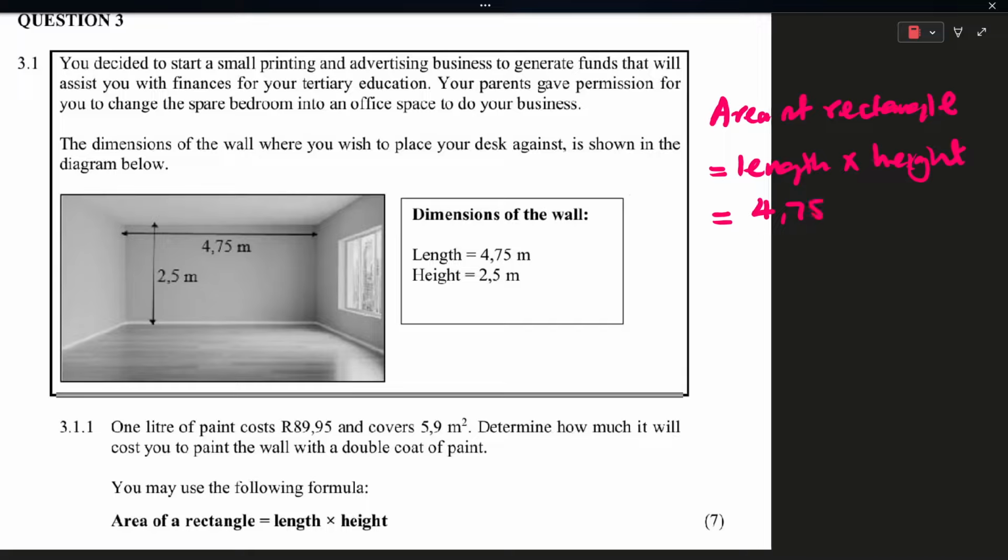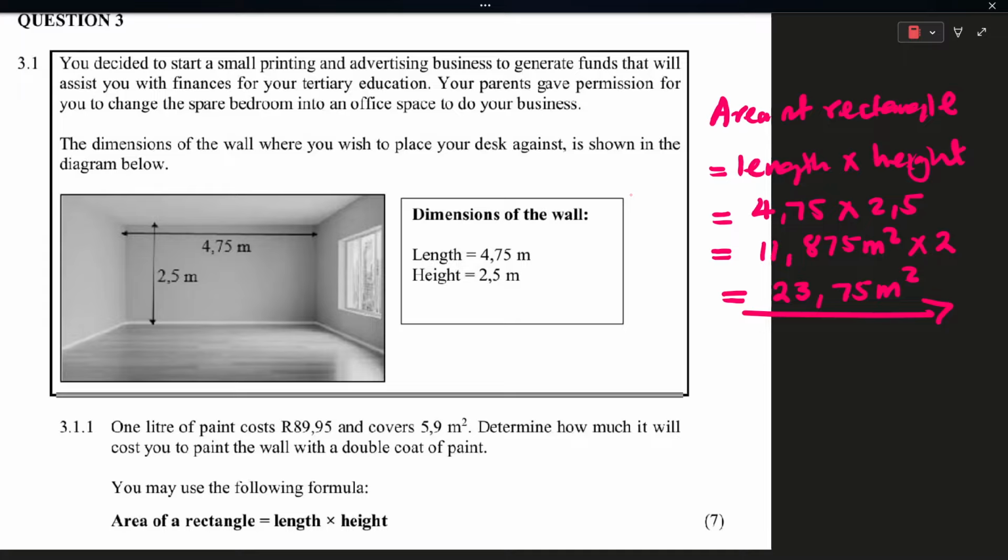It's 4.75 multiplied by 2.5. Now let us press our calculators. It's 11.875 meters squared. How many coats? Double. So meaning that we're going to multiply by 2. Get it? Then after multiplying by 2, we're going to get 23.75 meters squared. That is the area of the rectangle that we got.